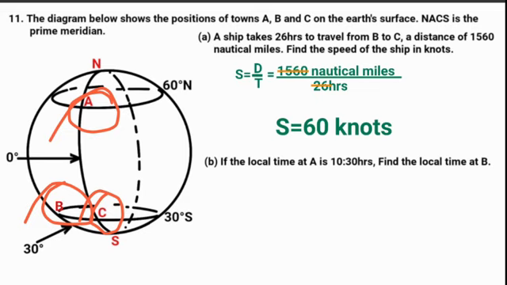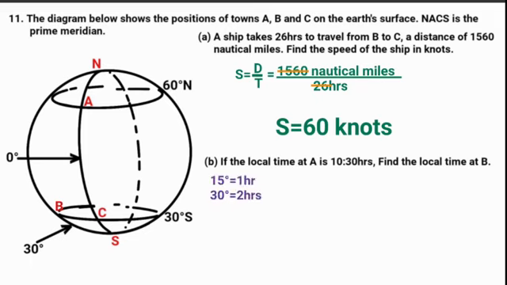So we can say that the difference between these two towns, A and B, is 30 degrees. We should also take note that every 15 degrees is 1 hour. So if two towns are 15 degrees apart in longitude, they are 1 hour apart.